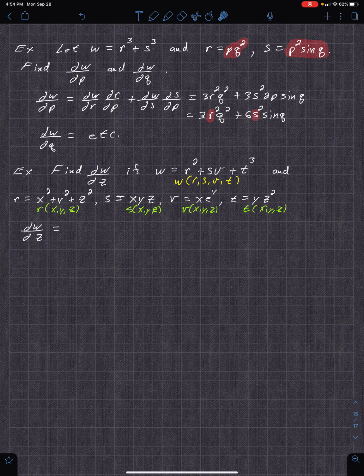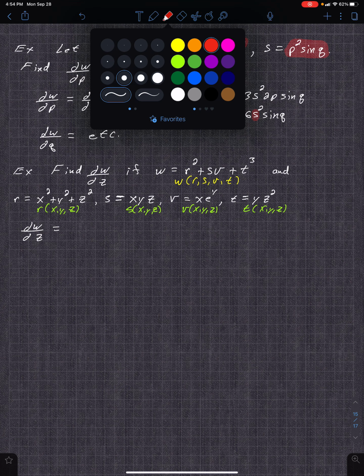Here's your parent function, the big one, and you have to hit each one of these as partial r, partial s, partial v, partial t, and then drill down to your x, y, z. Now we're drilling down to z.